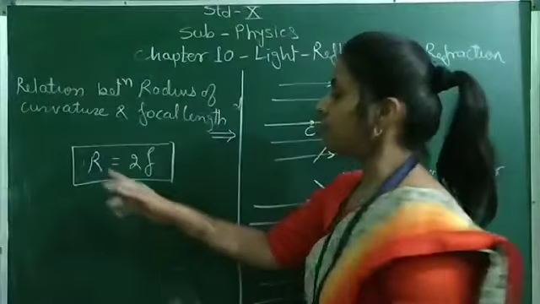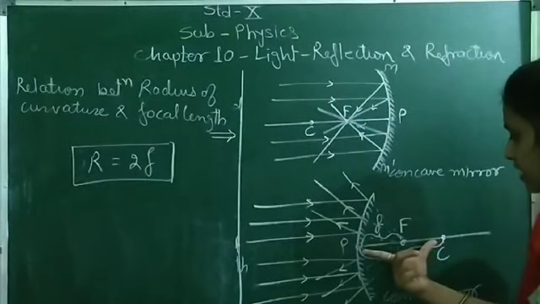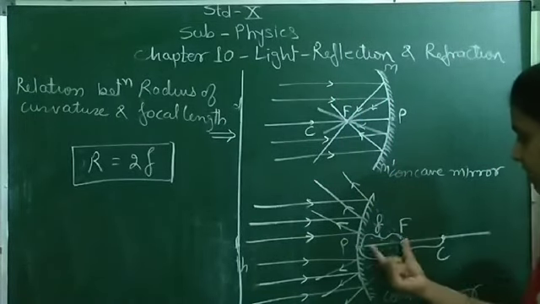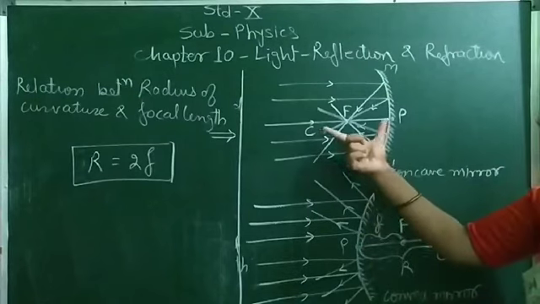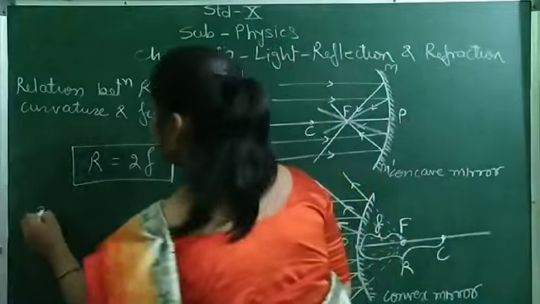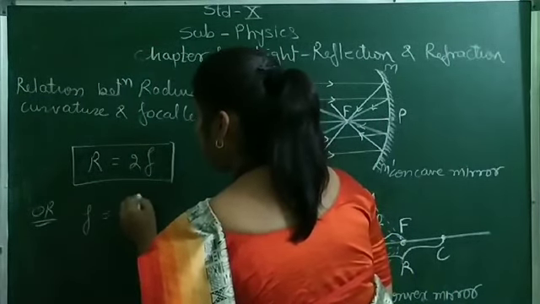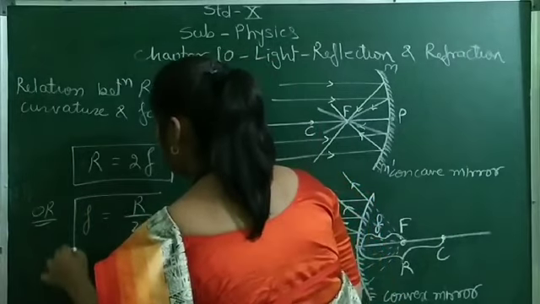That is, radius of curvature is always double of the focal length. So from the diagram also we can say that the radius of curvature is double of its focal length, or we can say that the focal length is half of the radius of curvature.